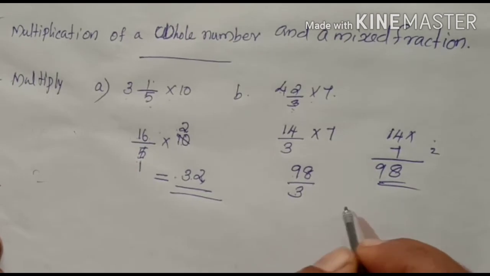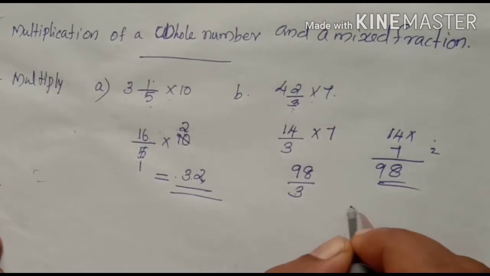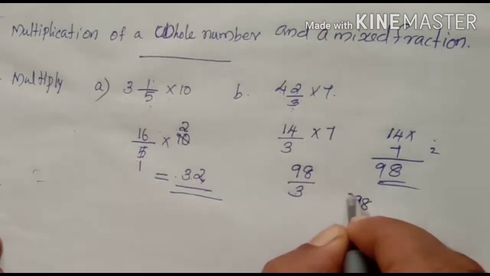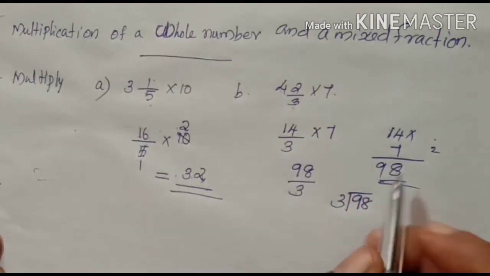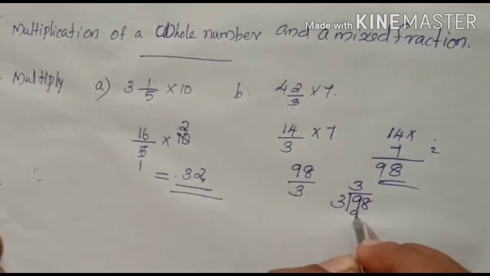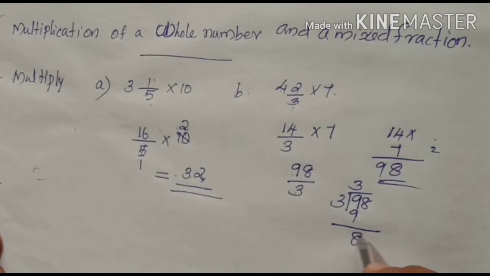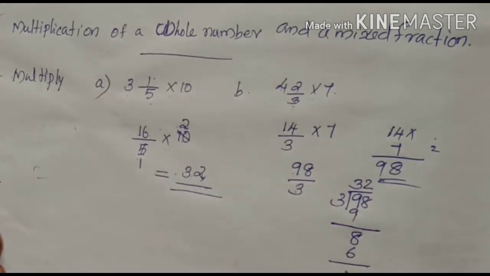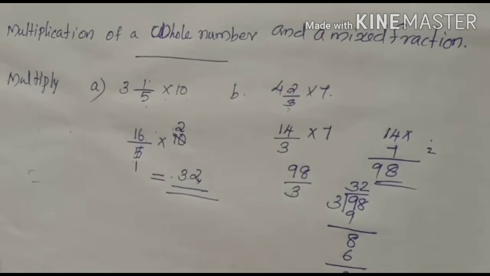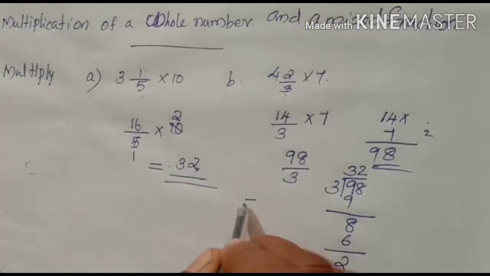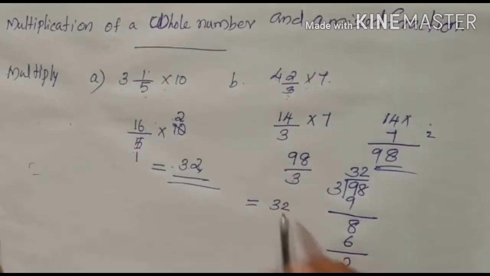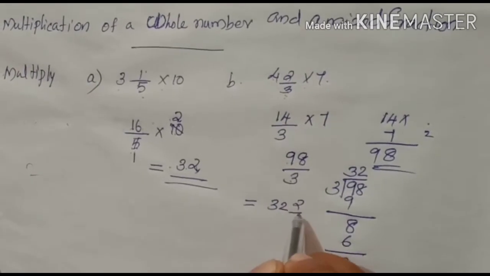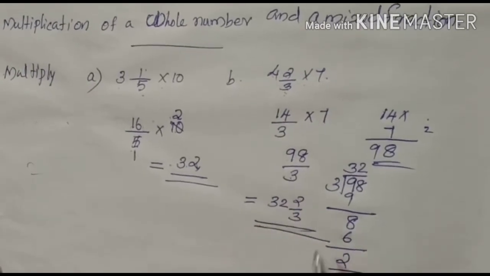We can convert it into a mixed fraction. 98 divided by 3. 3 3s are 9. Then 8. 2 3s are 6. 2 is the remainder. So it equals 32 2 by 3. That is the answer. Clear?